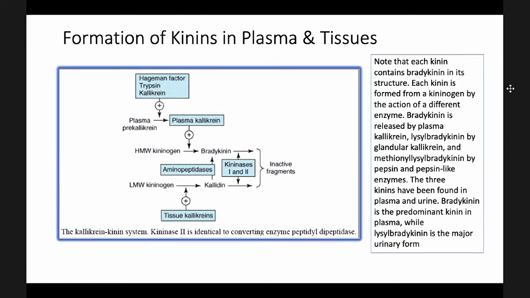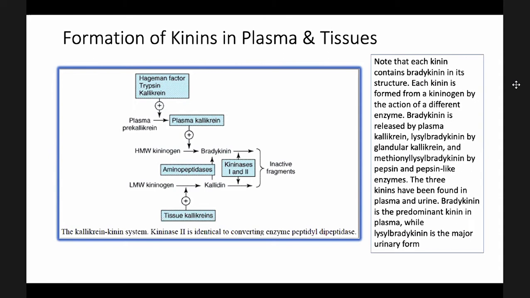So this is the Kallikrein-kinin system. Note that each of your kinins contains bradykinin in its structure. Each of your kinins is formed from a kininogen by the action of different enzymes.